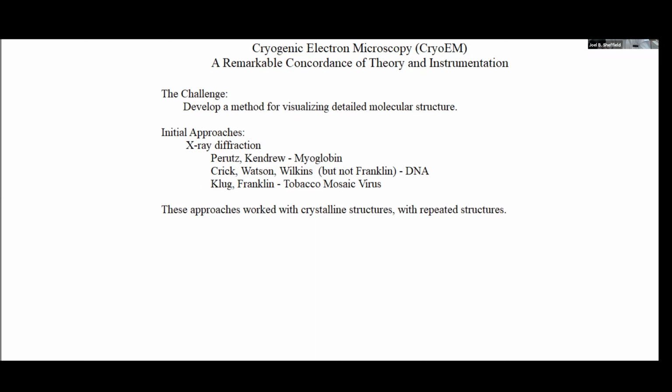And Franklin has been the subject of a number of these studies and reports because it's been felt that as a woman, she was treated differently from the men in the scientific community, and in a certain kind of way, cheated out of what should have been her Nobel Prize.